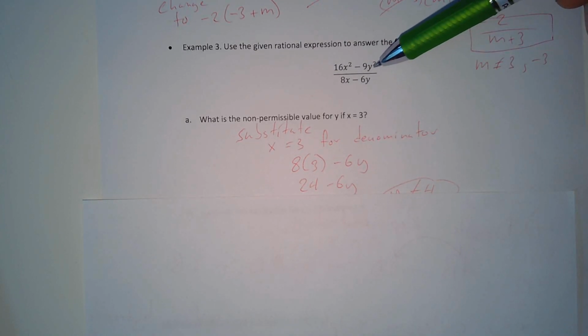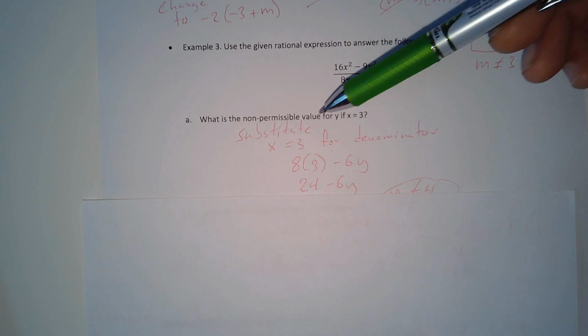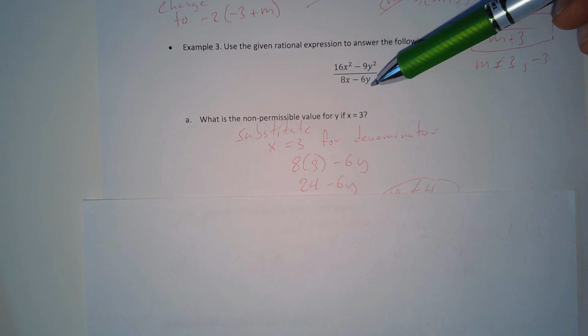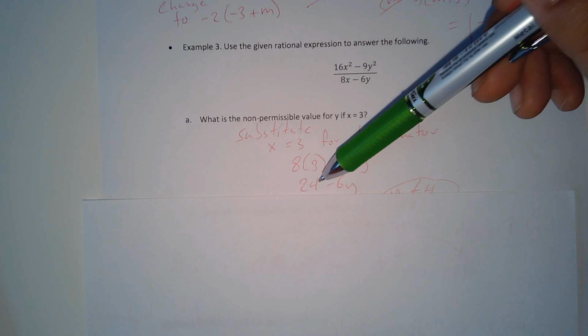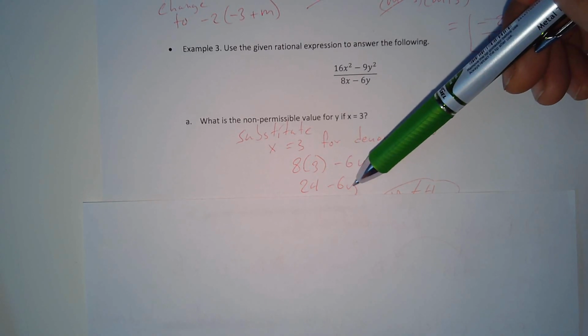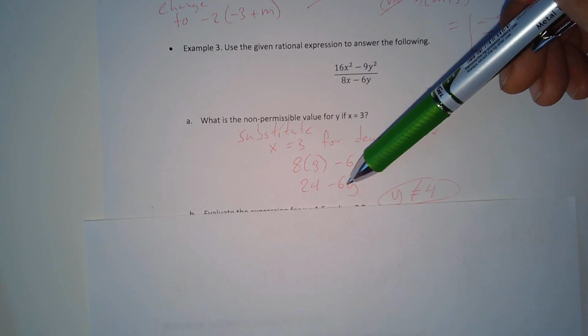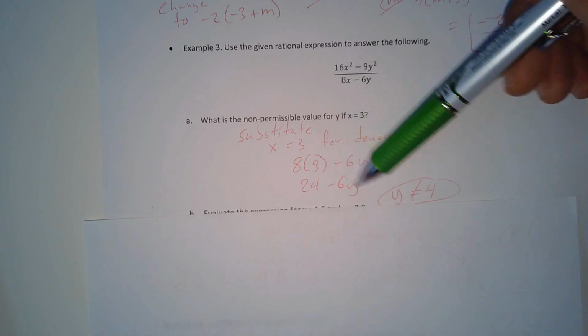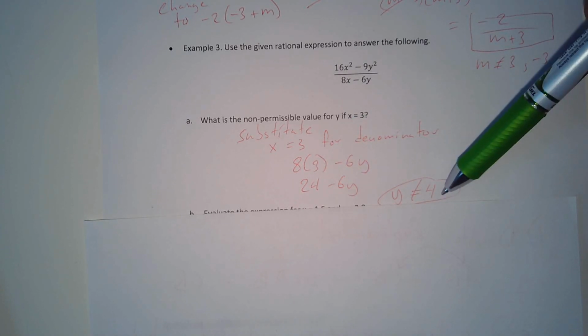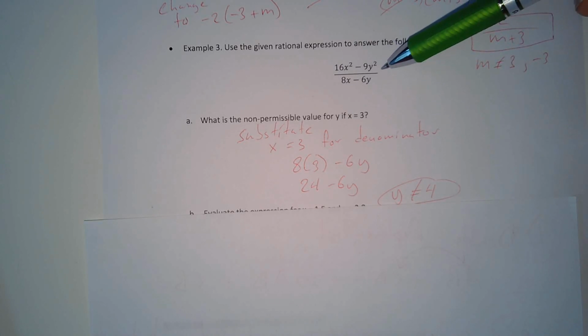You don't need to worry about the numerator, because if you're looking for a non-permissible value, we just care about the bottom part. If it's 24 minus 6y, then y can't be 4. If y is 4, 6 times 4 is 24, and 24 minus 24 is 0. So this becomes a non-permissible value. Again, notice I didn't substitute for the top part.